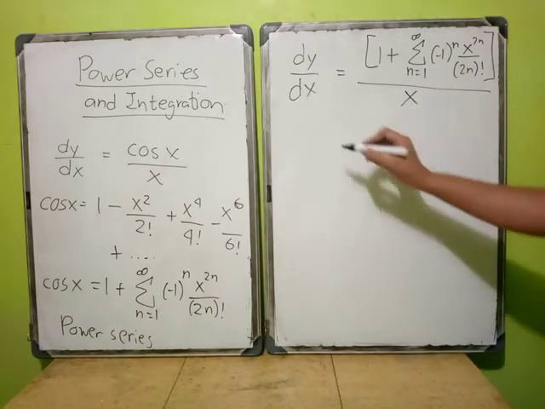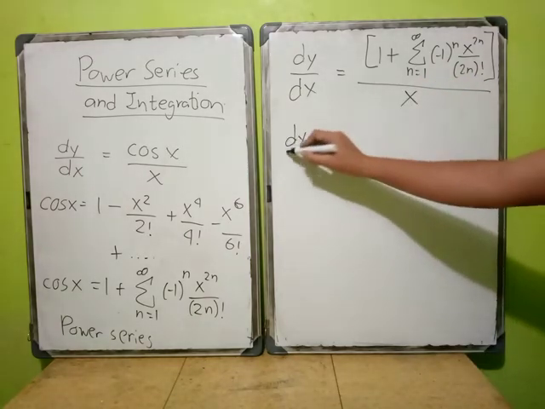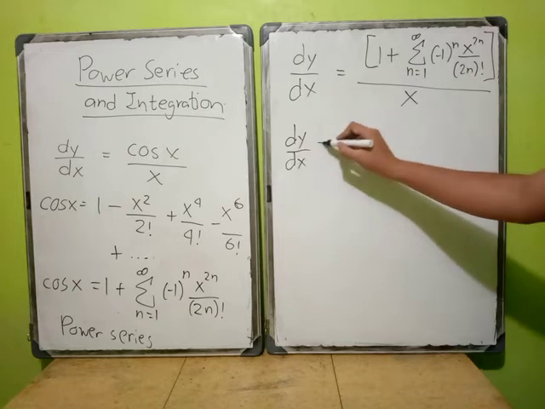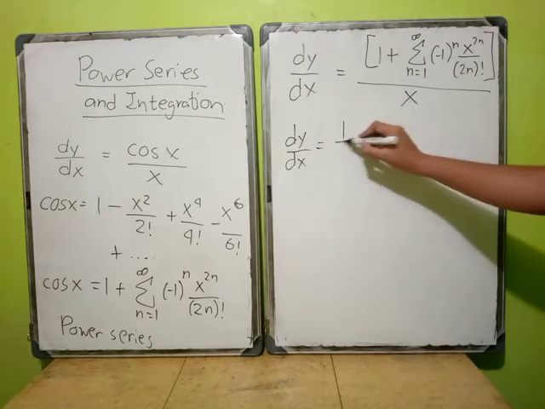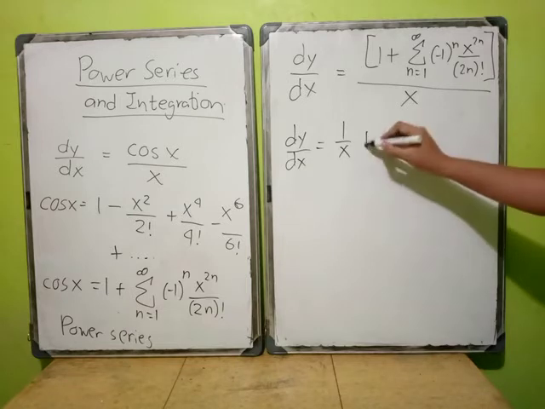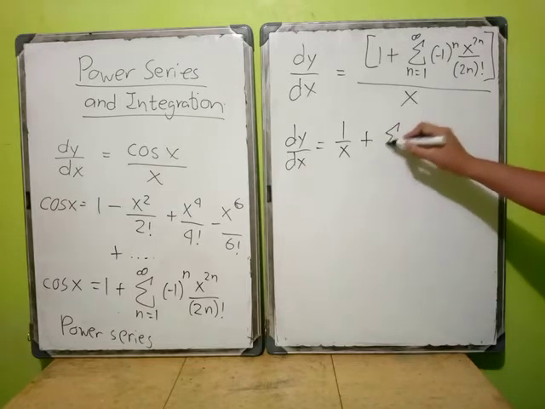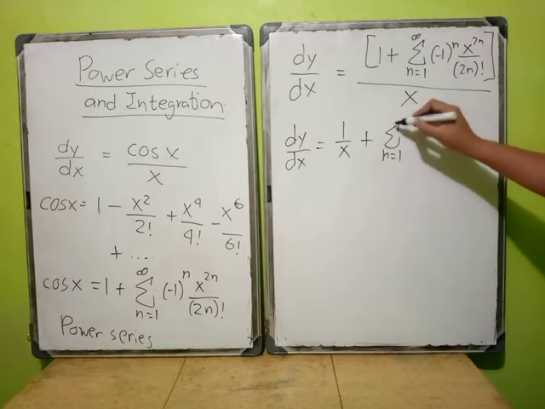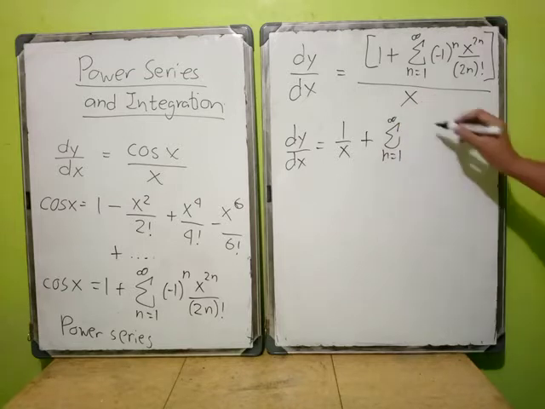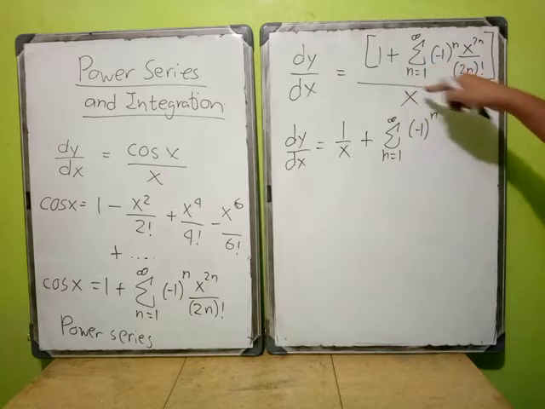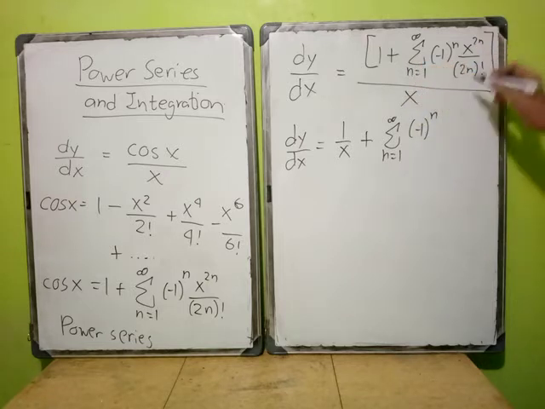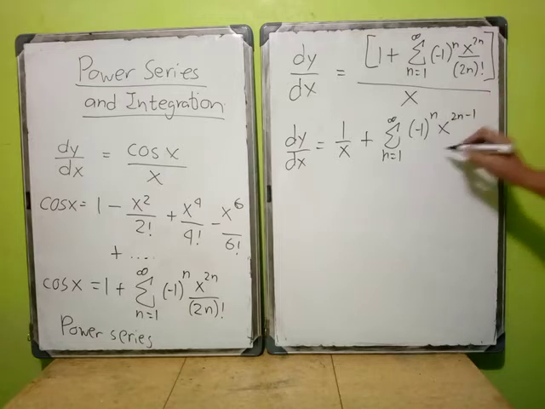Therefore, dy over dx is equivalent to 1 over x plus the infinite sum, n equal to 1 up to infinity, of negative 1 to the n, and since we divide by x, the 2n is diminished by 1, so x to the 2n minus 1 over 2n factorial.